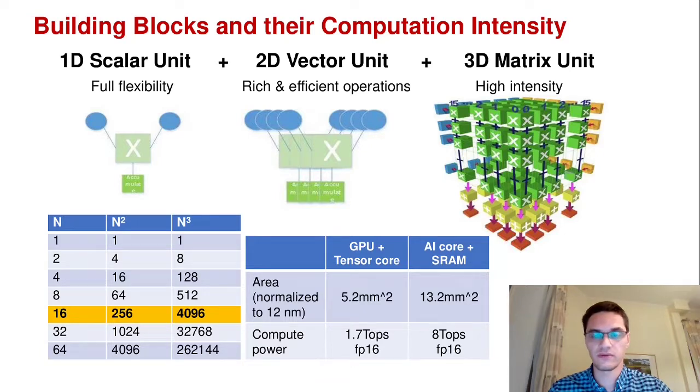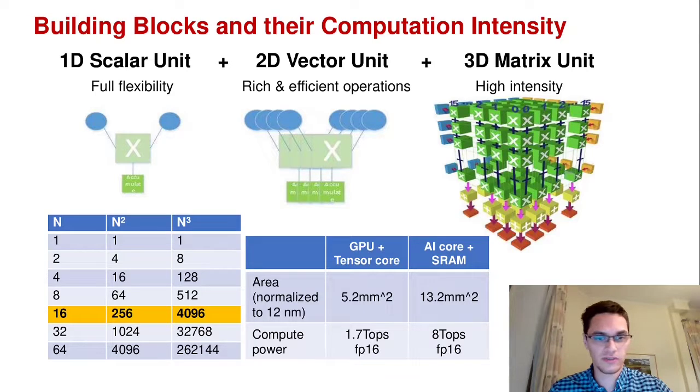And the third, the most important type, is the 3D matrix unit, which actually accelerates tensor computations, which are the core part of neural network computation.